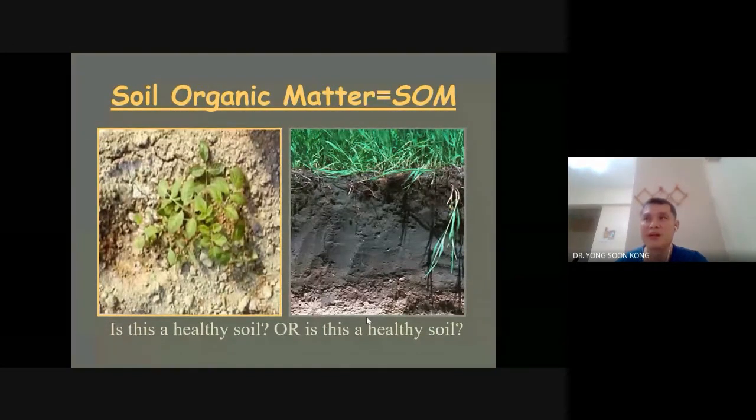They have the highest rainfall in Malaysia, somewhere slightly northeast of Kuching, and the soil there consists of peat soil. How deep is that A horizon? Up to 30 meters. So it depends. Soil organic matter, some places have more, some places have less, depending on the elements of the environment, the climate, as well as the geography.